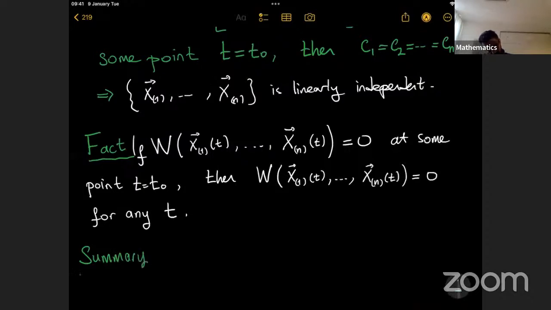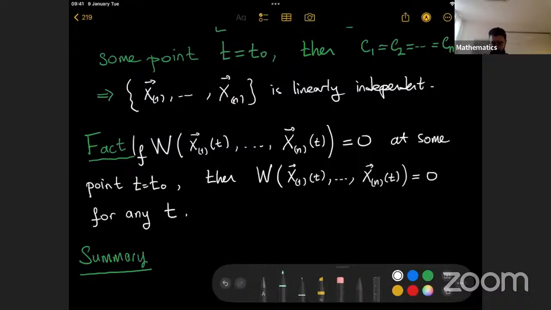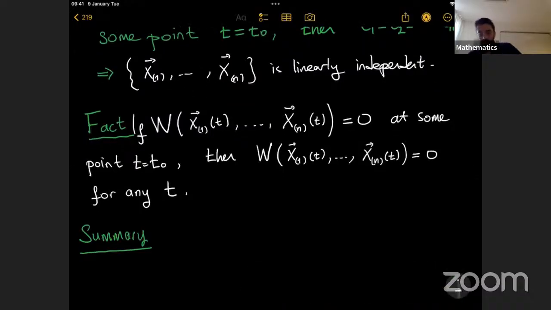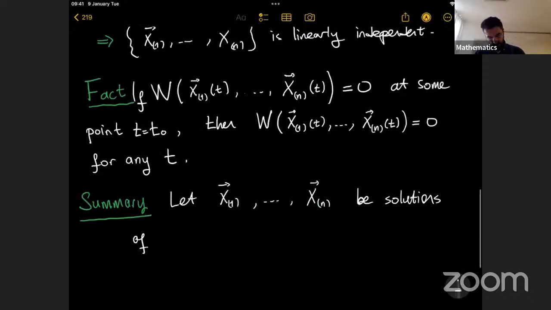Summary. Let x1 up to xn be solutions of the system x prime is equal to Ax.